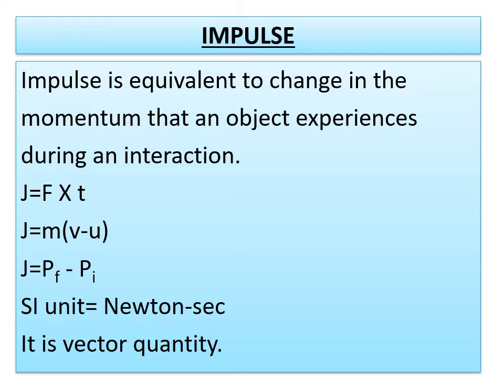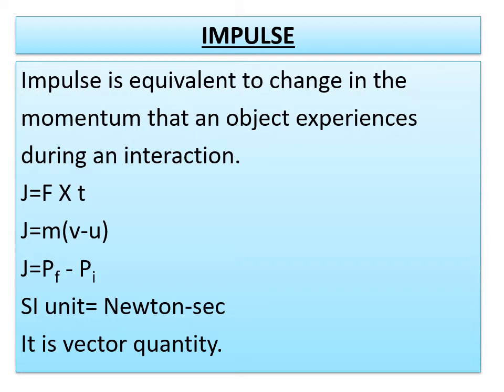We know that F net is equal to change in momentum by time taken. If I take F as change in momentum, I can apply m into v minus u. So that is m into v minus u by t and into t, and both the t's get cancelled. You are left with m into v minus u. So that's the equation where I have written J is equal to m times of v minus u.